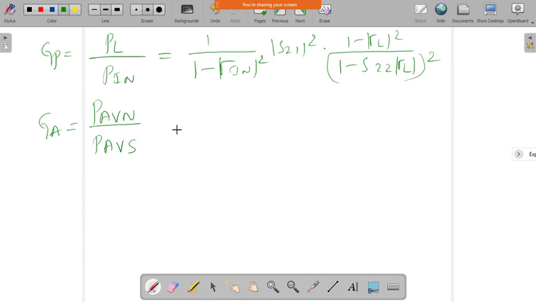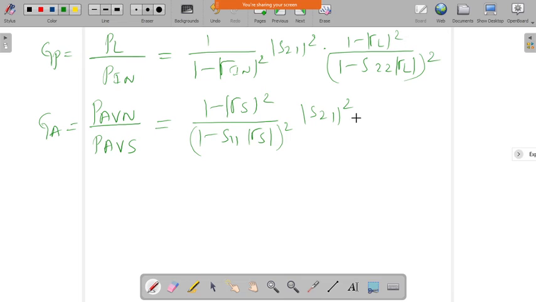If I take the ratio, I get the available power gain, which equals 1 minus gamma S square divided by 1 minus S11 gamma S whole square, into S21 square, into 1 over 1 minus gamma out square. This is the available power gain.